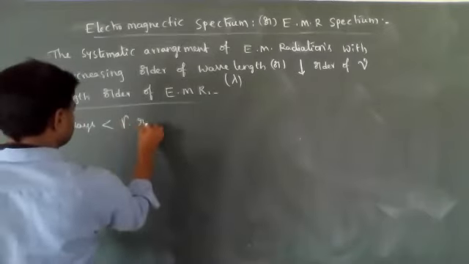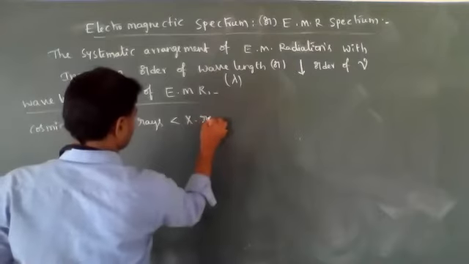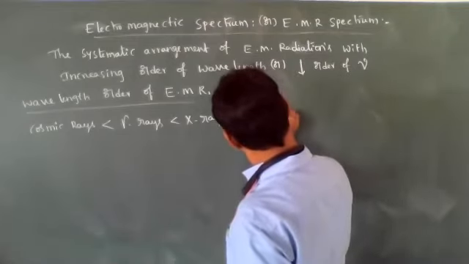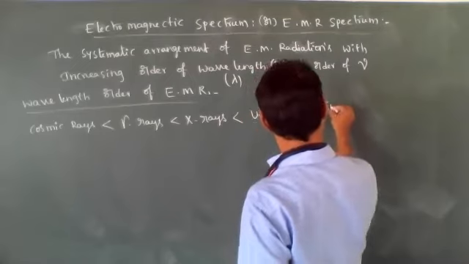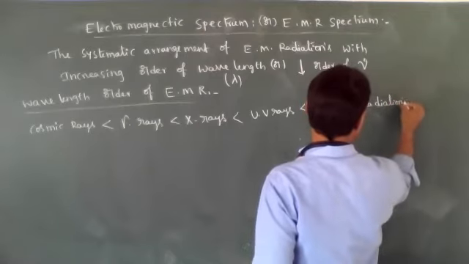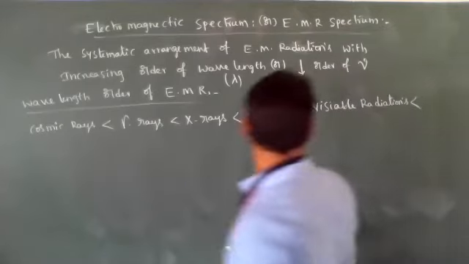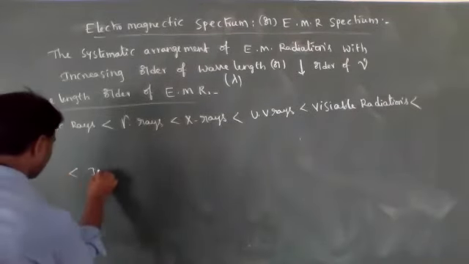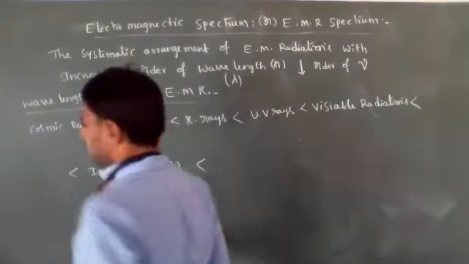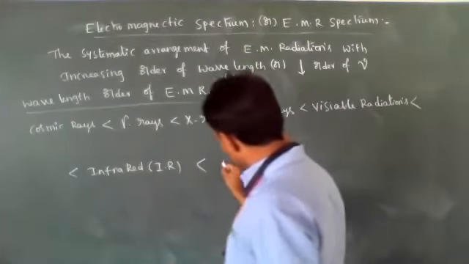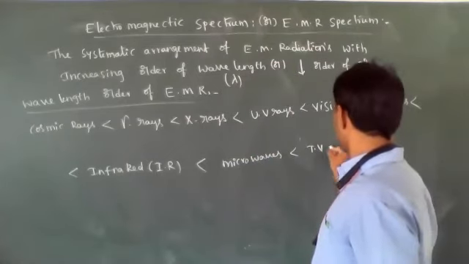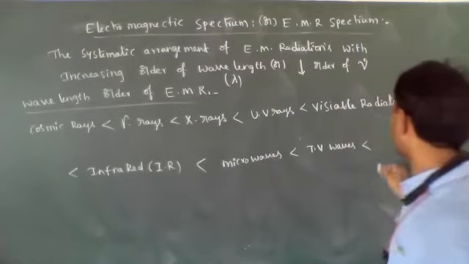Cosmic rays, gamma rays, X-rays, then UV rays, then visible radiations, then infrared radiations, infrared means IR, then microwaves, then TV waves, and then radio waves.